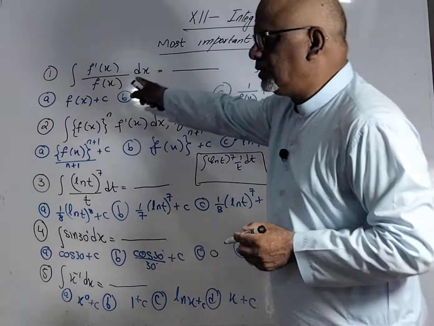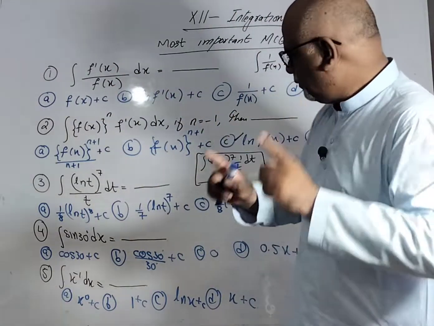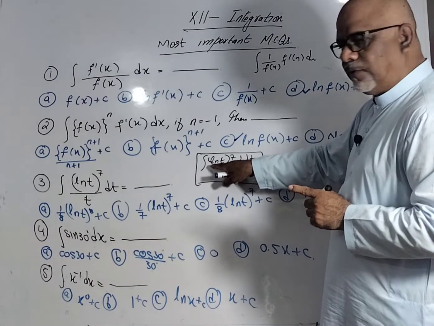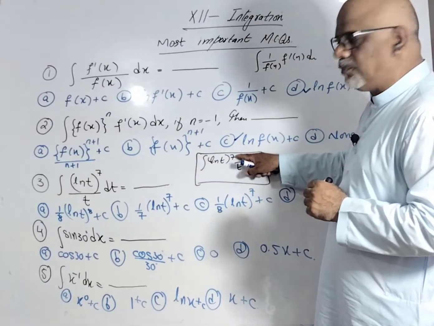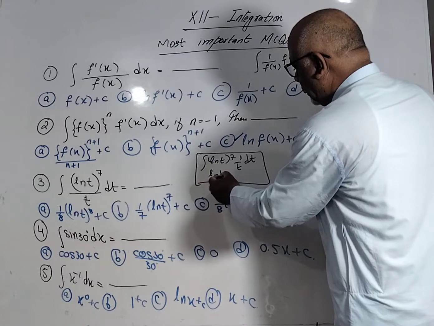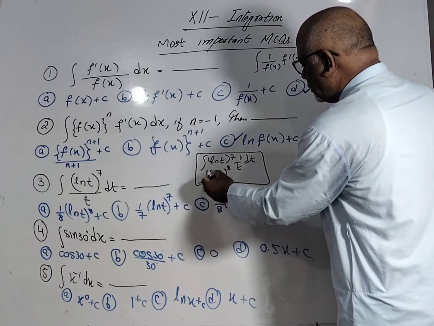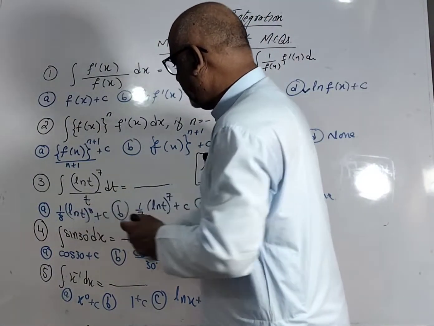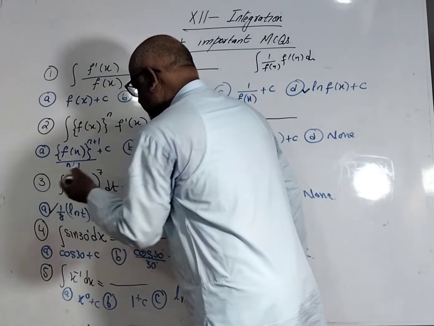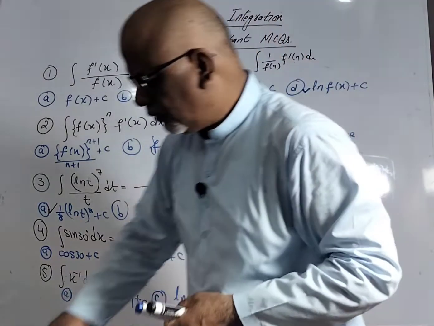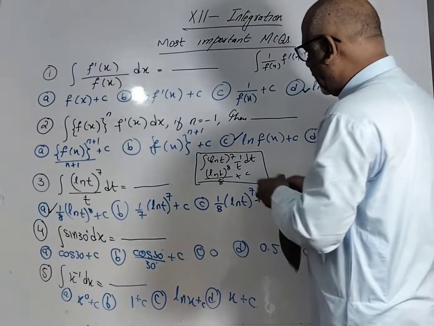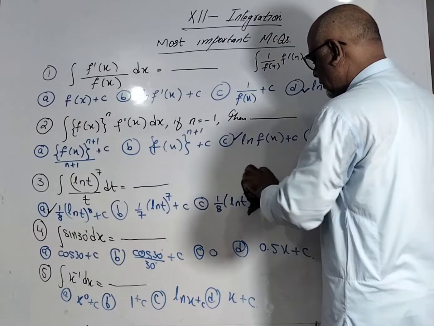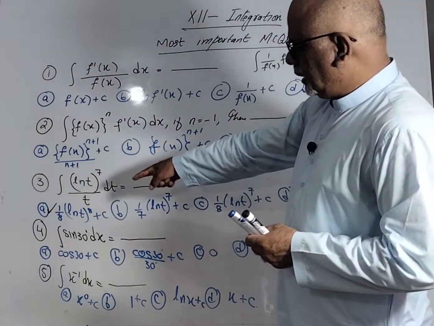We have discussed in the first and second MCQs, if the derivative with the function is given, here this is 1 upon t because the derivative of ln t is 1 upon t. So we just have to add the power. This will be equal to ln t to the power 7 plus 1 means 8, divided by 8, plus c. So the correct option is 1 upon 8 ln t to the power 8. The main concept of MCQs number 1, 2 and 3 is similar here. So the A option is correct here.